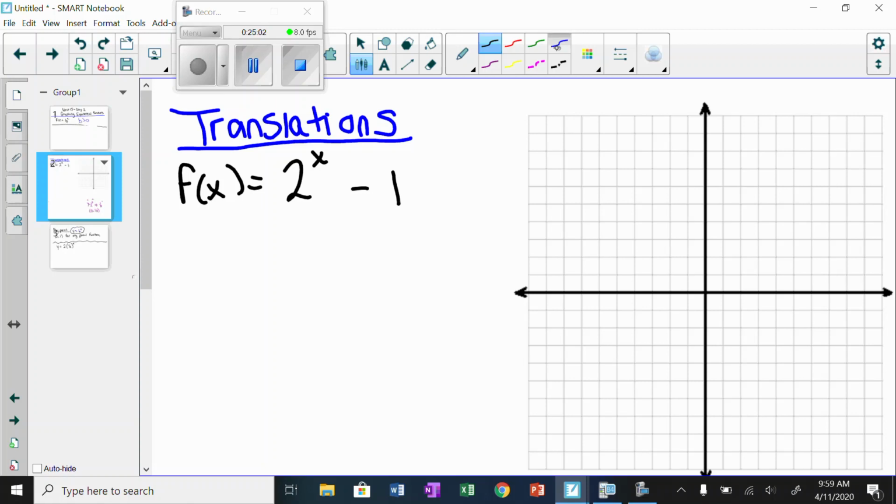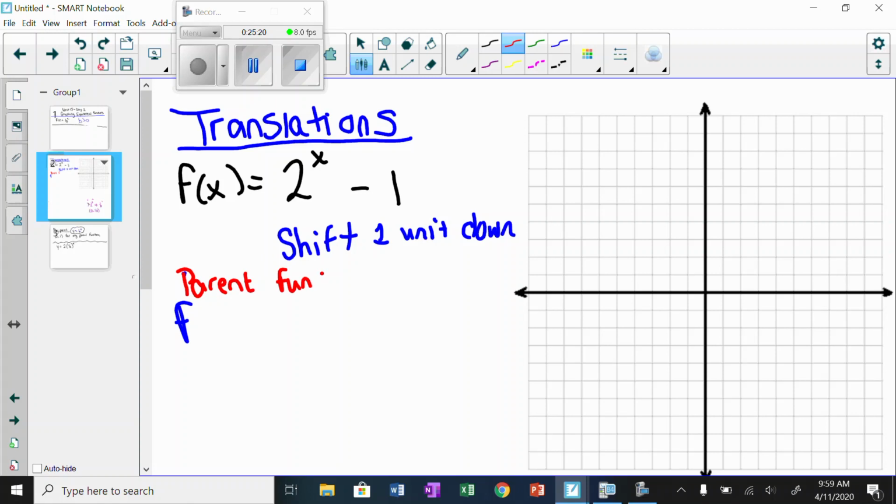Okay, so this time what are we doing? We're going to shift 1 unit down. So I'm going to think of my parent function. My parent function is f of x is equal to 2 to the x.